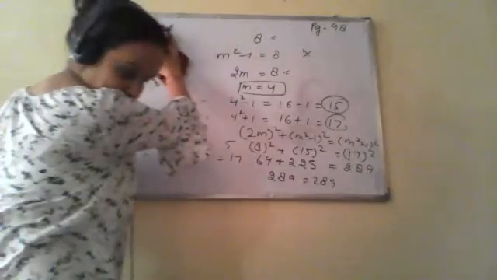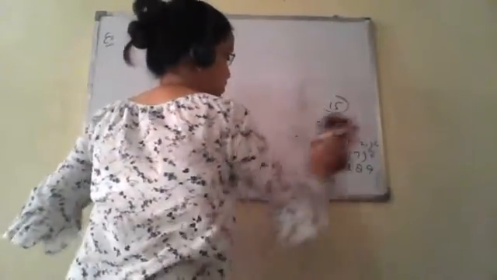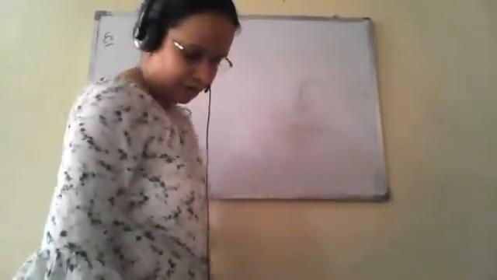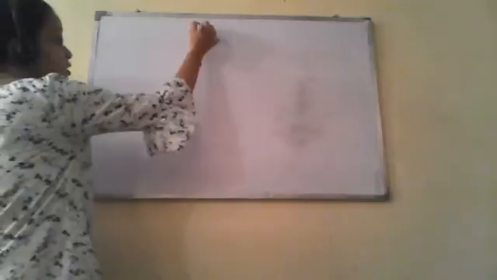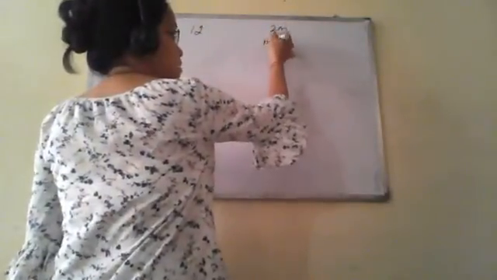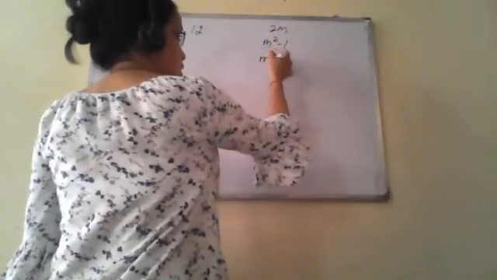Now example 3. Example 3 says: find a Pythagorean triplet in which one of the members is 12. One of the members they have given is 12. So we have to find 2m, m square minus 1 or m square plus 1.